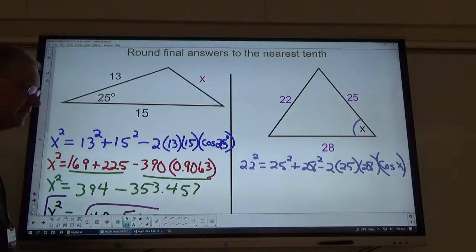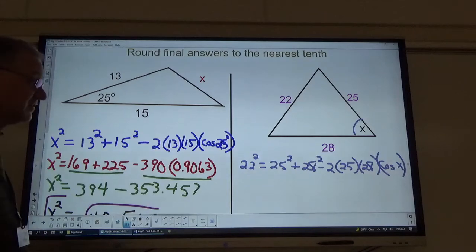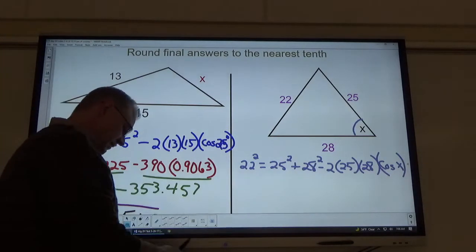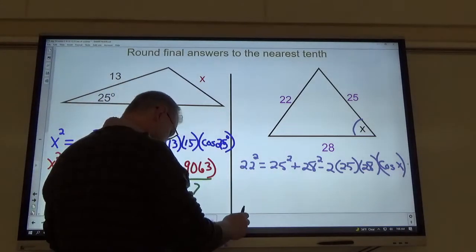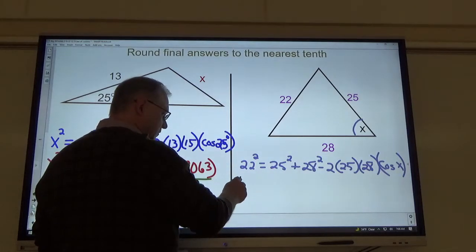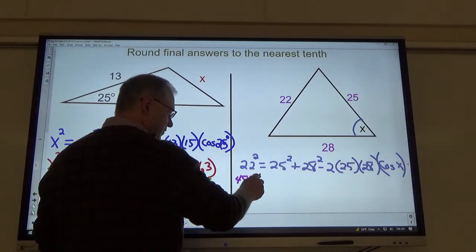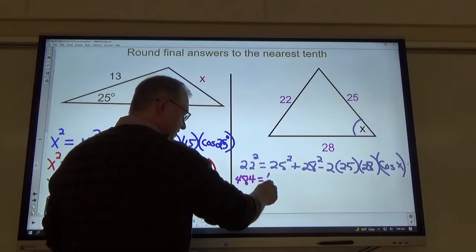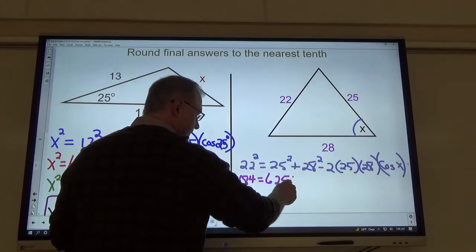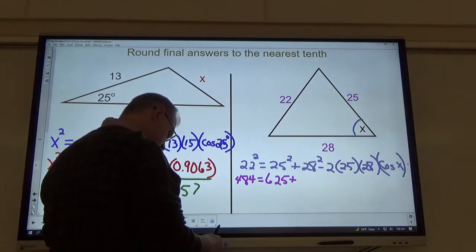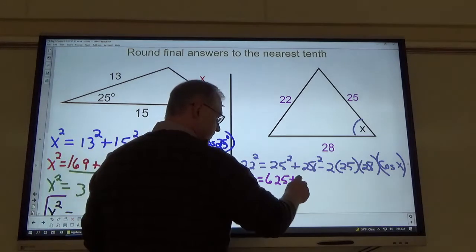Now that I've done that, I've got some simplifications that I can do. I'm going to do the squaring here, 484. Square here, 625. Square there, 784.